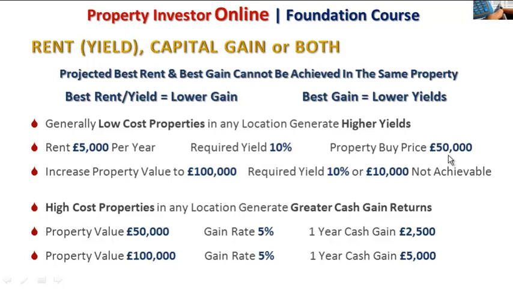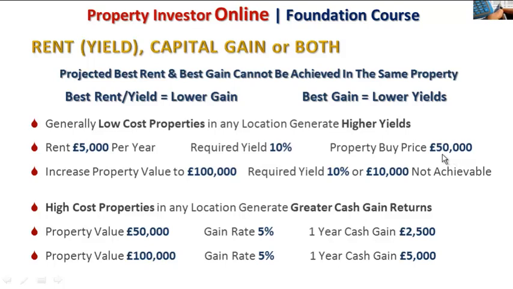So the cost of the property is governed by the return the landlord needs based on the rent that he can achieve. Now, some landlords will reduce the loan to value, which means they could take the yield down a fraction and pay slightly more for the property.